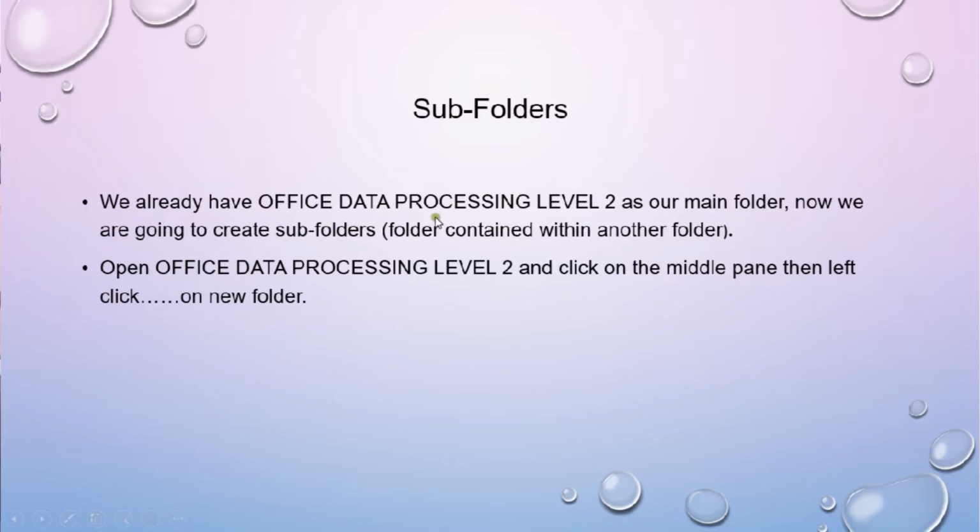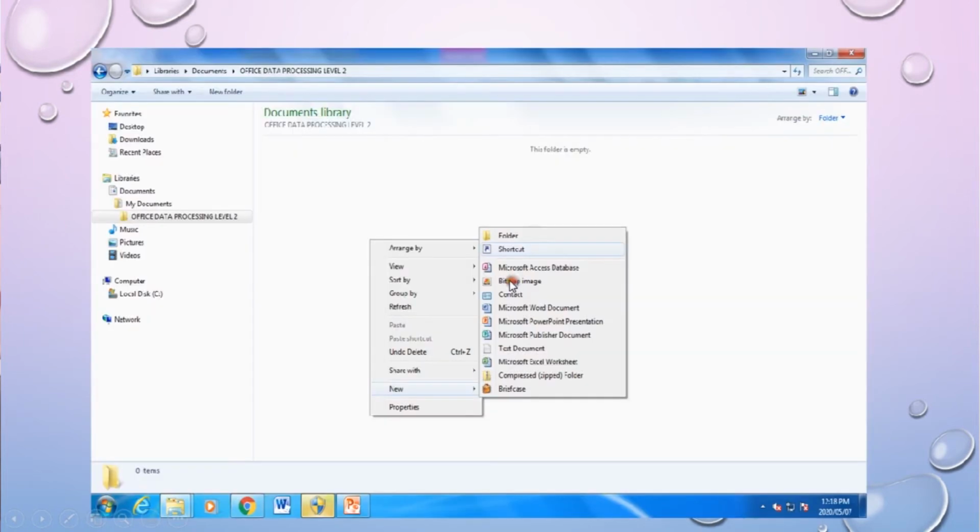Now, remember, I've created the main folder, which is Office Data Processing Level 2, and then I'm going to click on the middle pane, and this will appear because now I want to create a folder inside of a folder.